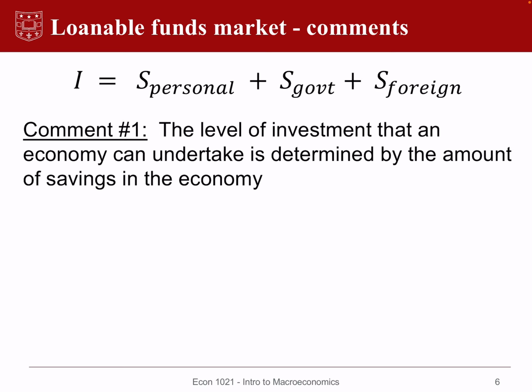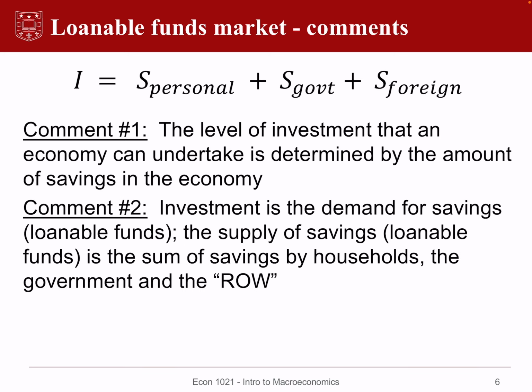We'll take this up at the end of the set of notes. The amount of savings that an economy can generate will be the pool of funds that is available for gross private domestic investment. And that's it. And so an economy's investment can only grow to the extent that the stock of savings grows as well.